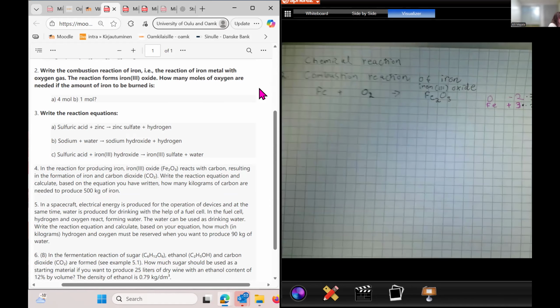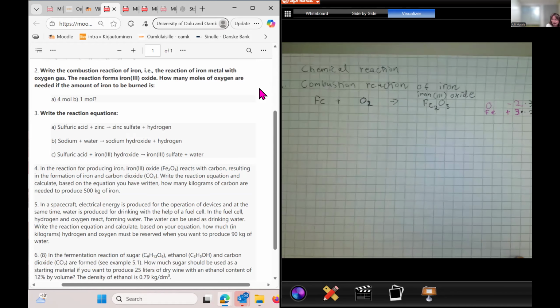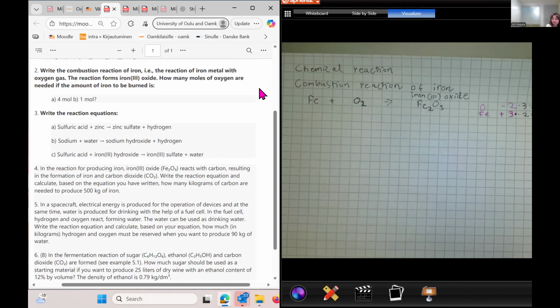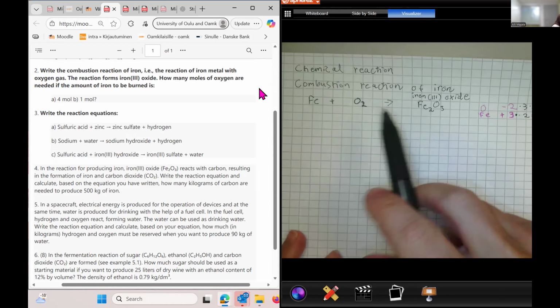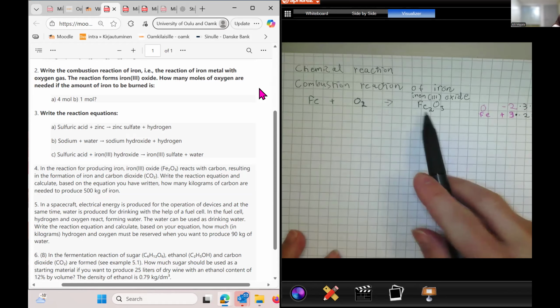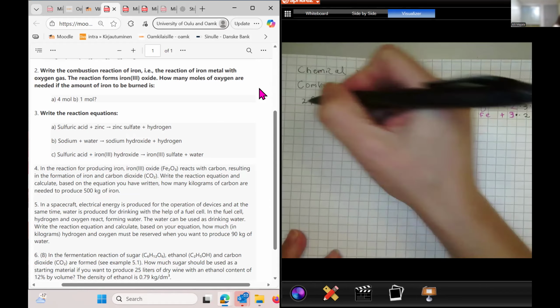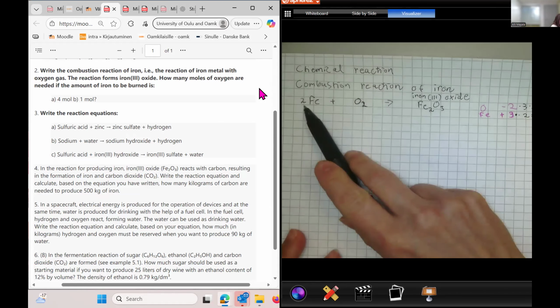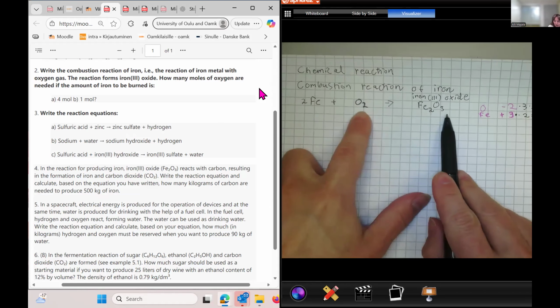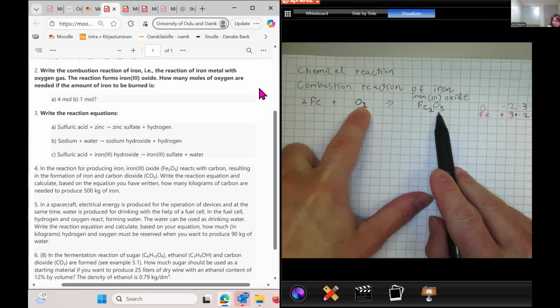And now we can start balancing the reaction equation here. It looks like there's 2 of these. If we put here 2, we would have that balance. But then there would be a problem again with the oxygen.